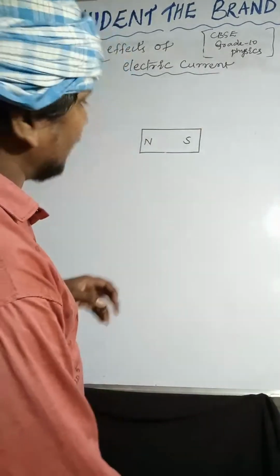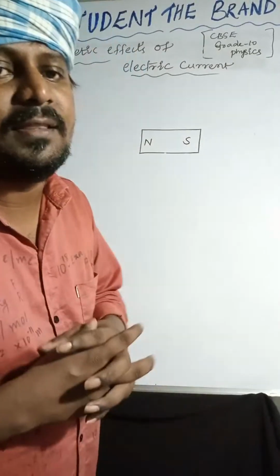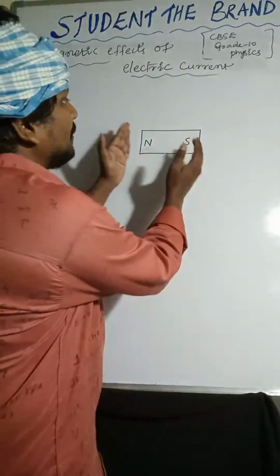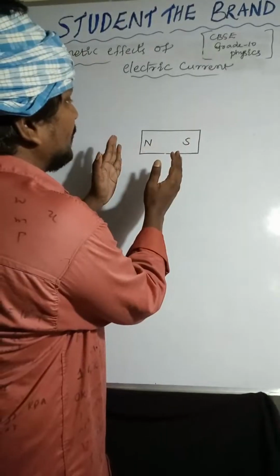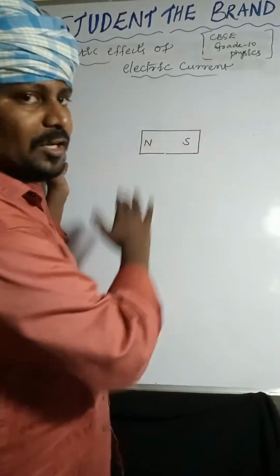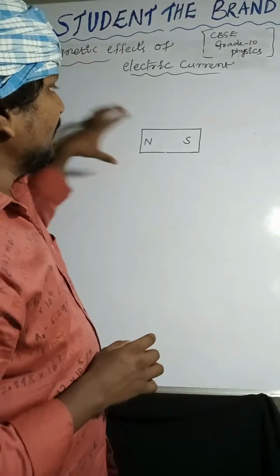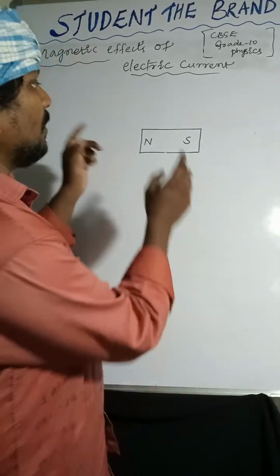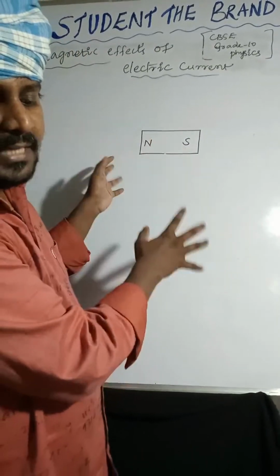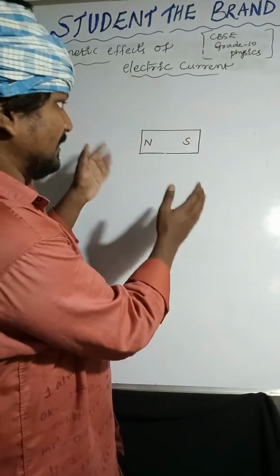Carefully observe: north pole with north pole repels, south pole with south pole repels, and north pole with south pole attracts. The two poles have equal strength.